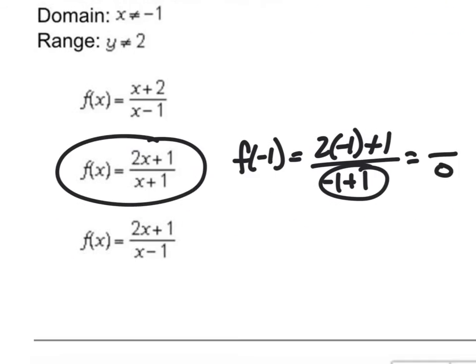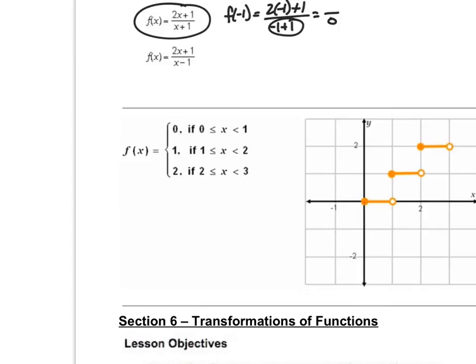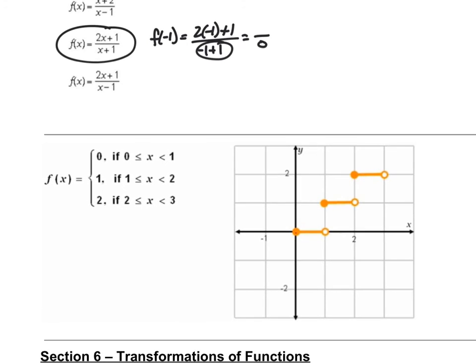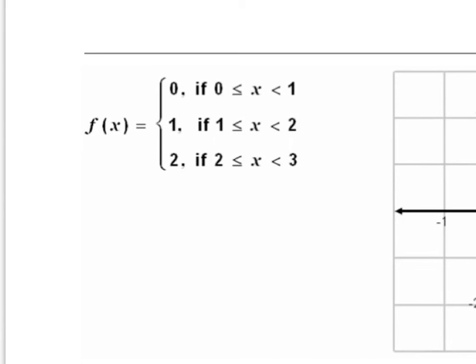Now take a look at a piecewise function. This will be the last one. Here we have the function value 0 between 0 and 1, the function value 1 from 1 to 2, and the function value 2 from 2 to 3. If I want to find the domain, I write it out.